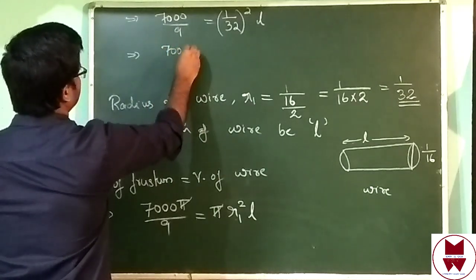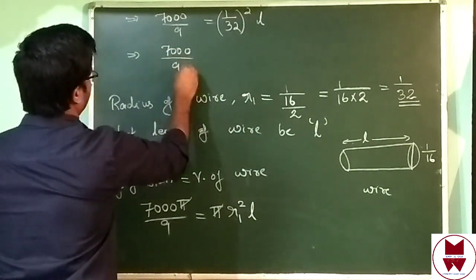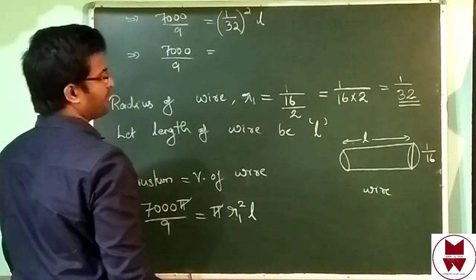7,000 divided by 9 equal to 1 by 32 whole square.